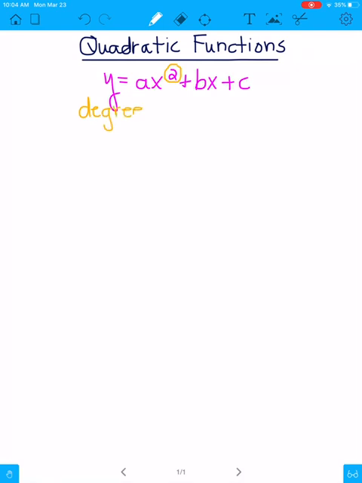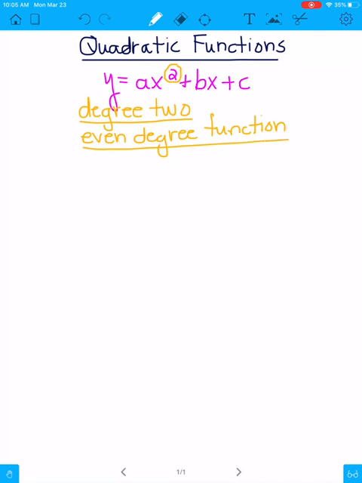Because they're degree 2, they're an even degree function. And what's cool about even degree functions is that their end behavior is in the same direction.